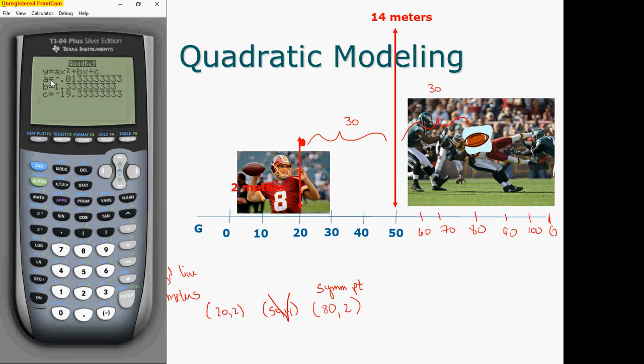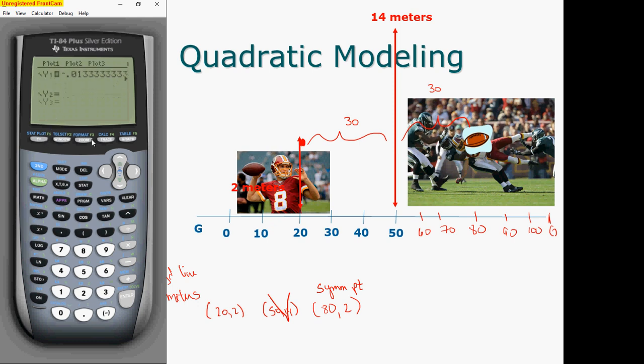Going from one 20-yard line to the opponent's 20-yard line, that's a pretty wide parabola. The linear coefficient is 1.333. We know the x-coordinate of the vertex is 50. And then the y-intercept is negative 19. That probably is outside the reasonable domain, right?